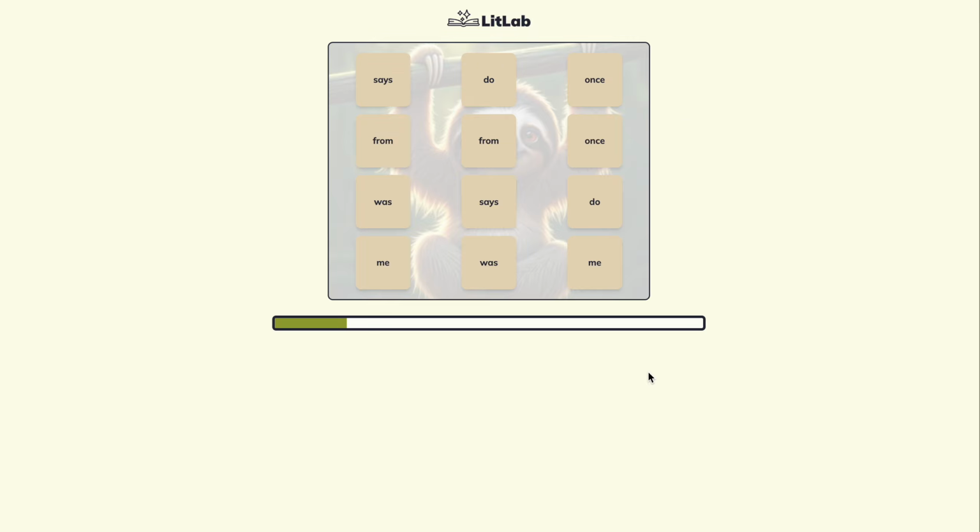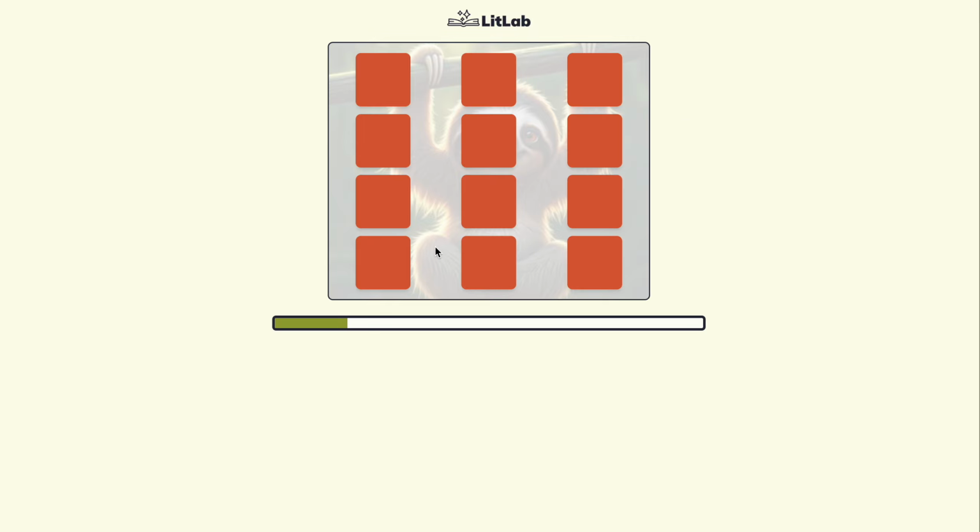Play a matching game while you wait for your story. So as we wait for the story, we can play a matching game, and students will see high frequency words in this matching game. And these high frequency words are the ones that have been taught up to the point in the scope and sequence that you've assigned. So all of these high frequency words have been taught in UFLI up to lesson 59.